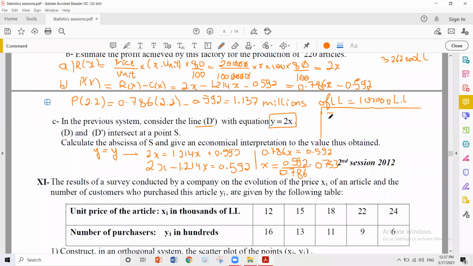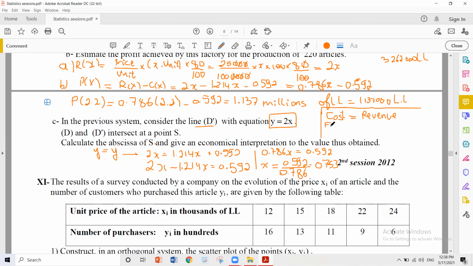If cost equals revenue, what do we call the point of intersection? Cost equal revenue. Break even. Okay, no gain, no loss.